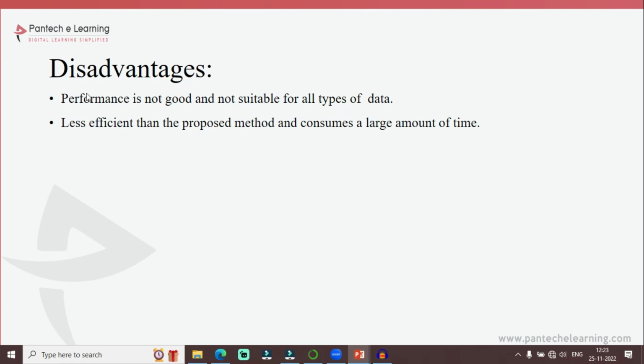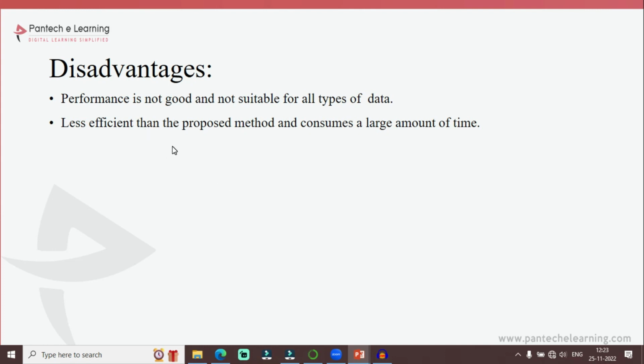But what is the disadvantage of my existing system? Performance is not good and it is not suitable for all types of data. First I need to look at what type of problem I have in hand. Accordingly I can go for different types of machine learning techniques.